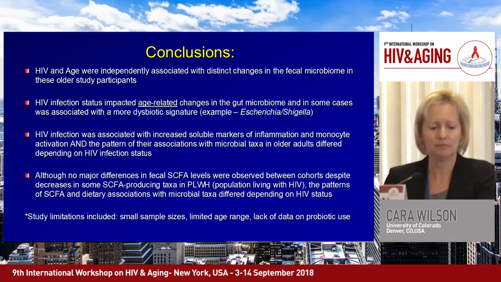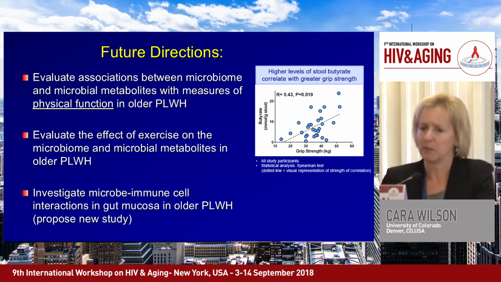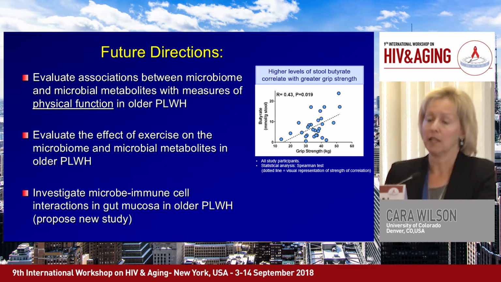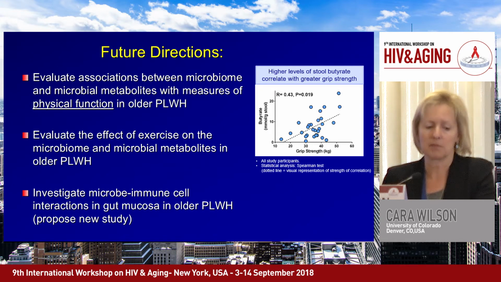Now, I just want to very briefly mention future directions, and try to wrap this back around to frailty and sarcopenia. We're planning to analyze and look for associations between the microbiome, some of the microbial metabolites that we talked about, and features of physical function that Christine and her group collected.